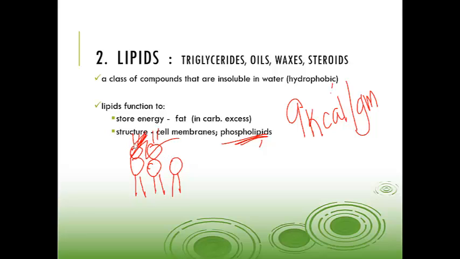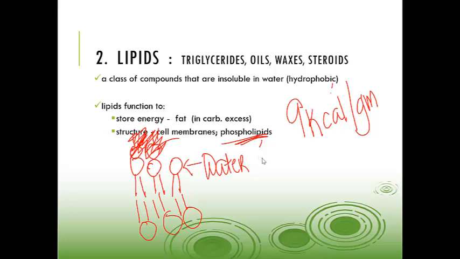I'm not going to erase that, so I'm going to cross that out. And it's actually like that. I did that incorrectly. And this area is your water loving. And this area here is your water hating. Okay?